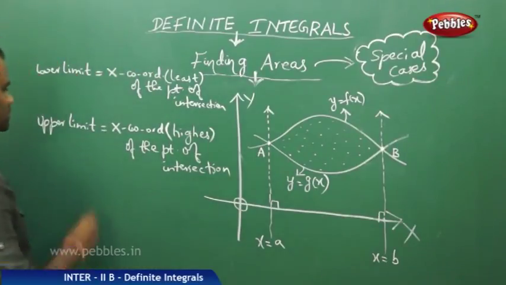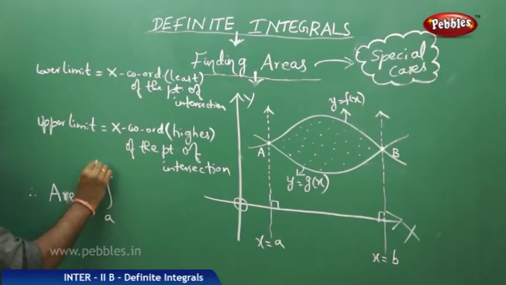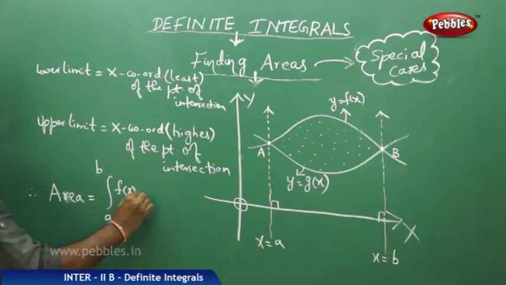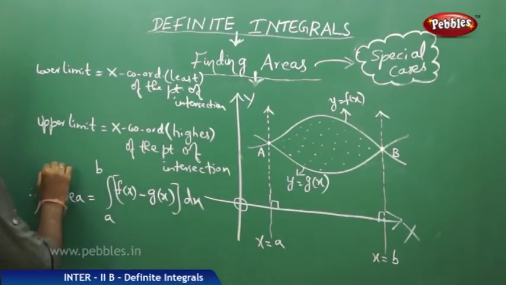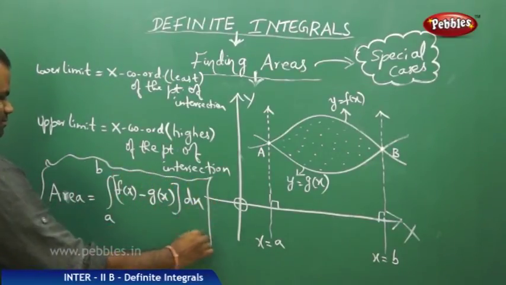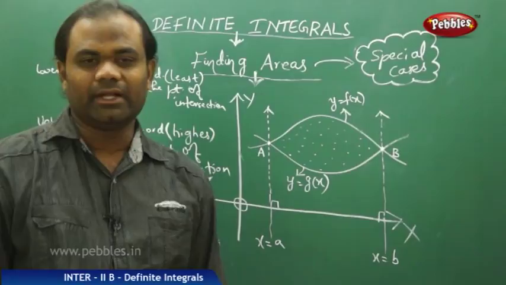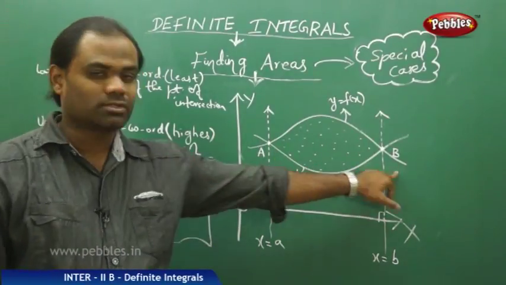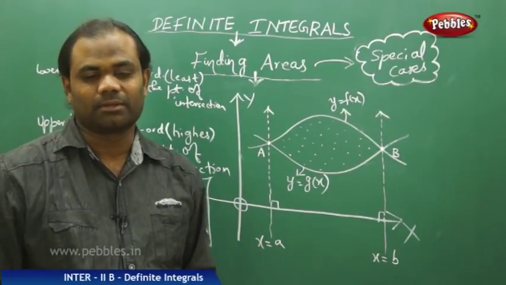Solving the two equations gives us this. Therefore, area is given by the integral from a to b of upper curve minus lower curve dx. This is how we identify the area between two curves whose limits are not given, but we find them using the point of intersection concept.